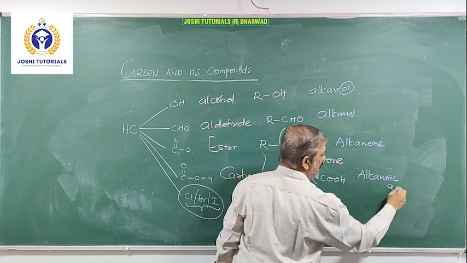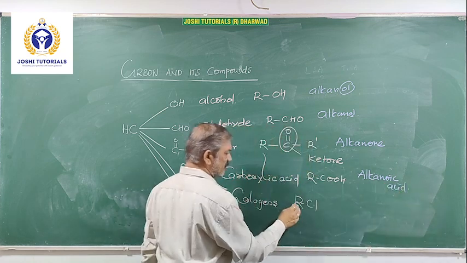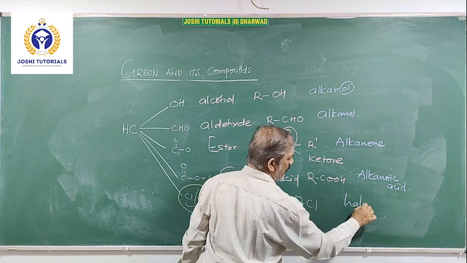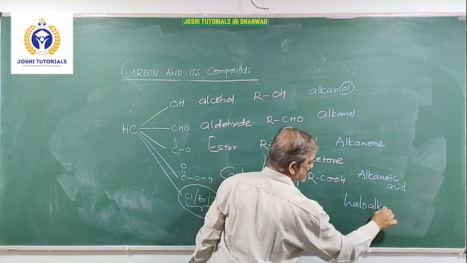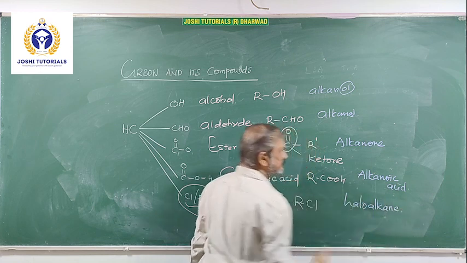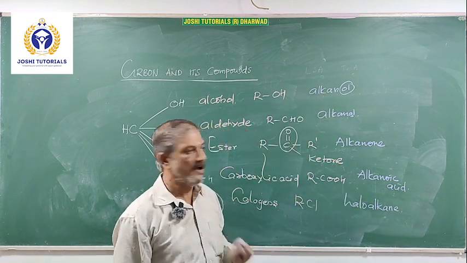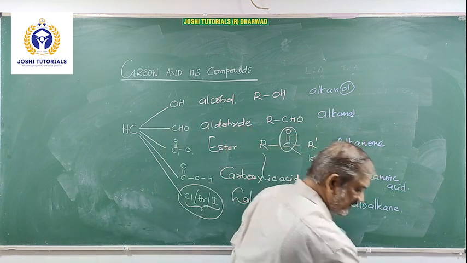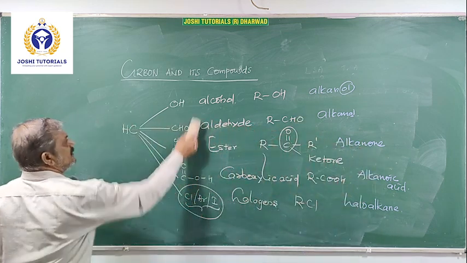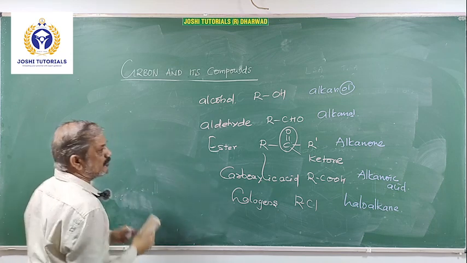Alkanoic acids, and for this one, haloalkanes. These are called IUPAC names. For example, I want to tell you, say for alcohols and all that.